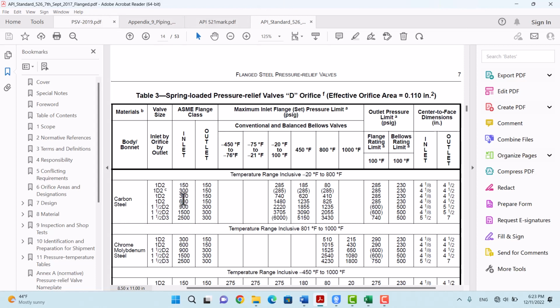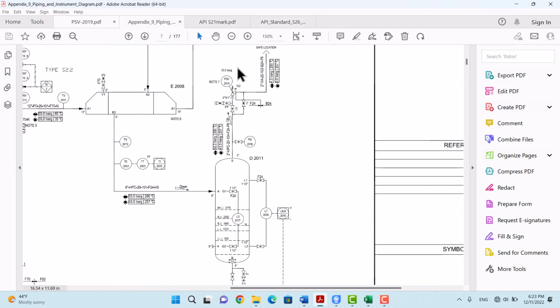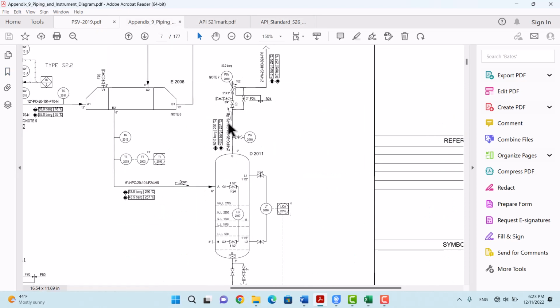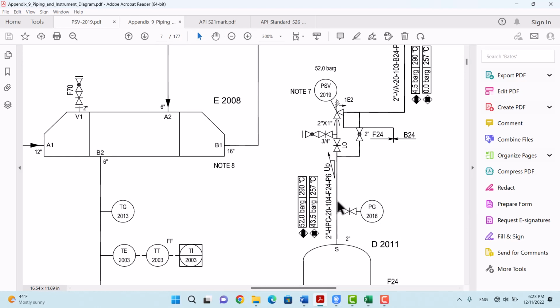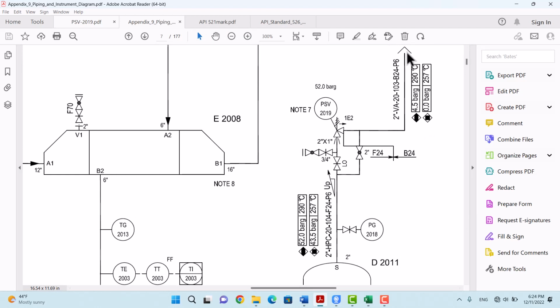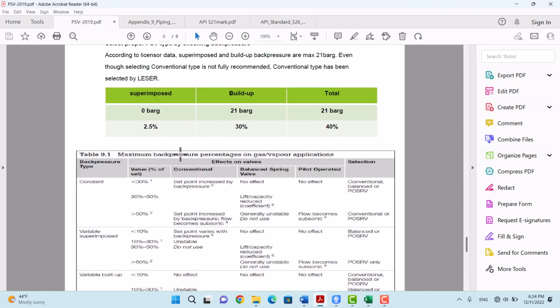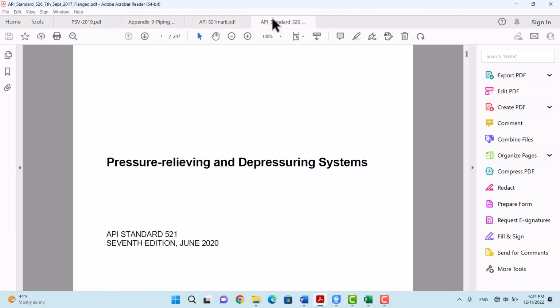And right now we need to determine the inlet and outlet class. We go to the P&ID, as you can see here for yourself. In the designation here, you can see the F24 and B24.